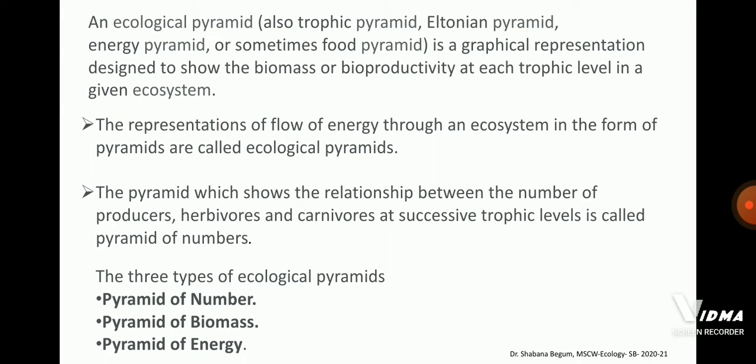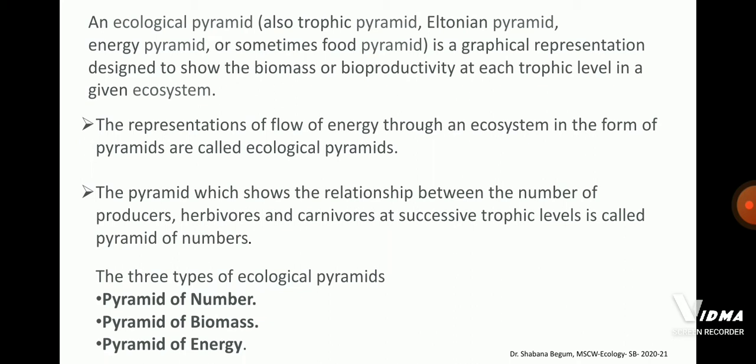Since there is a gradual decrease of energy, biomass and numbers starting from autotrophs to carnivore consumers at different levels, these plants and animals in the food chain may be arranged into what are called ecological pyramids.